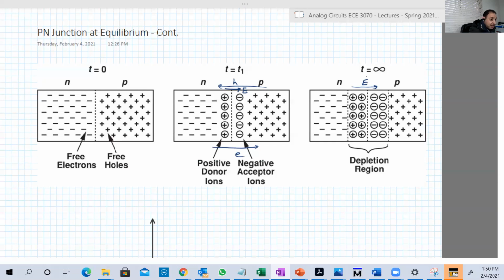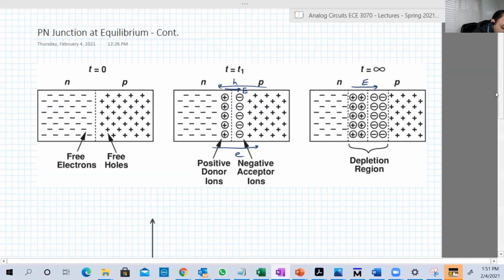We will have a strong diffusion current that decreases over time, and a created drift current that becomes stronger over time. At some time in the future, both will cancel each other.